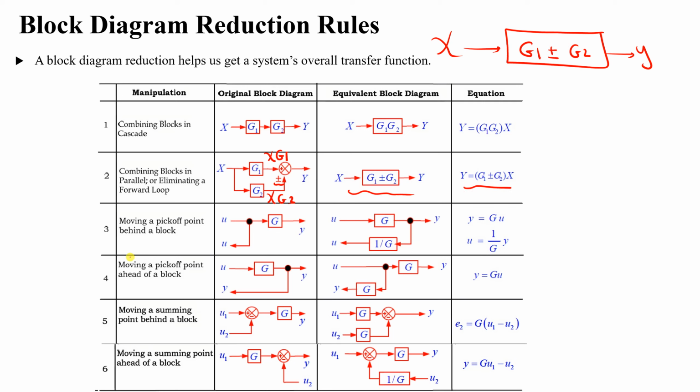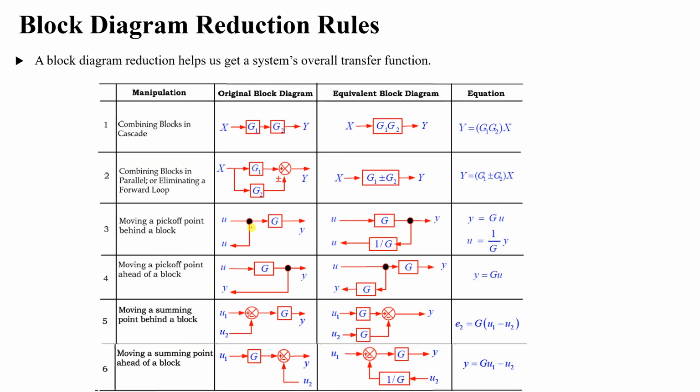Another one. Let's say we have here U, which is our input, and Y is our output. Let's say I would like to move this point here. From this point we take the value here, which is U, so I take this U. Sometimes we do this in block diagram reduction.